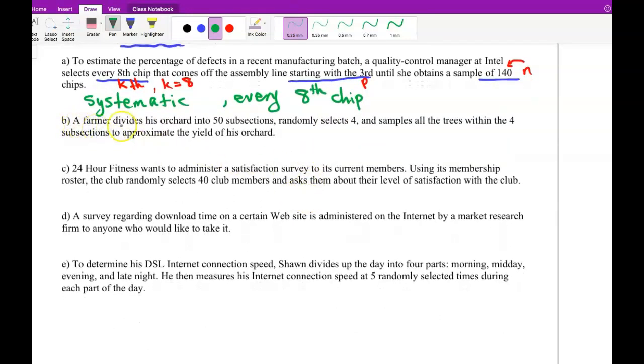Next one, Part B. A farmer divided his orchard into 50 subsections, randomly selects 4, and samples all the trees within the 4 subsections.